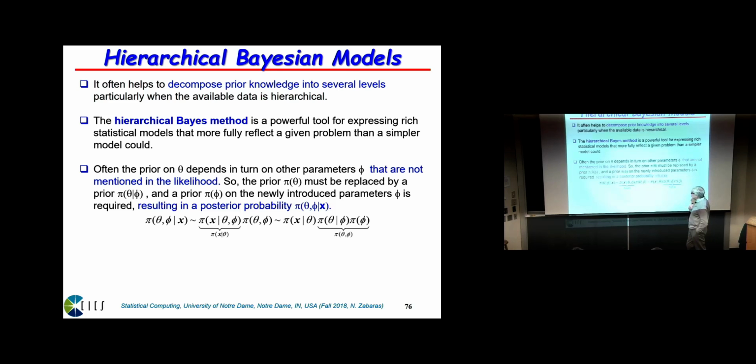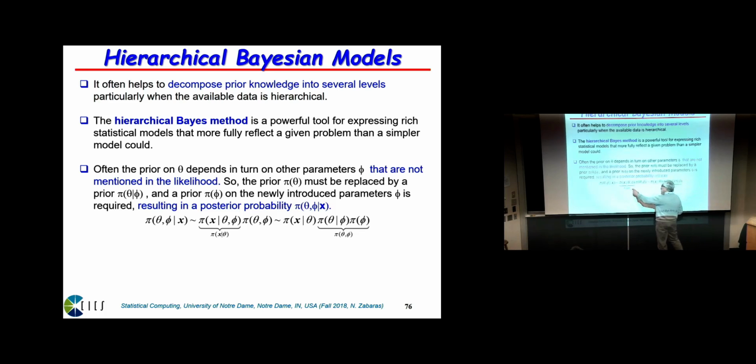But right now, let's assume that the parameters theta depend on some other parameters. When we postulate a prior model for theta, there are parameters in that prior model that you don't know. So effectively, not only do you have theta, but you have these new parameters phi, on which theta depends. And so when you compute the posterior, really you have to compute the posterior of theta and phi, given the data.